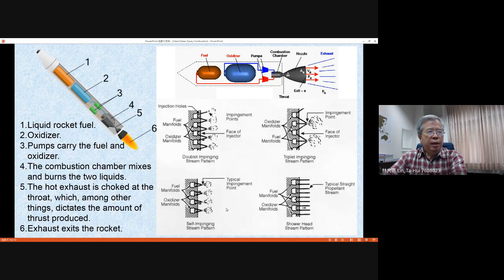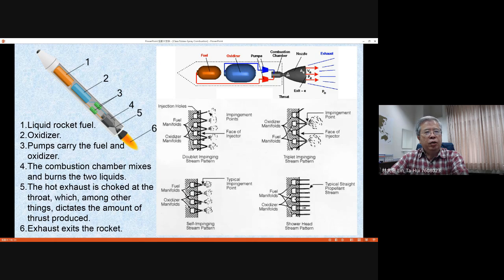And the third one is self-impingement. Self-impingement means the liquid fuel impinges on itself with two streams. Okay, here there is the fuel nozzle, the other one is the oxidizer nozzle, and they are separated in the arrangement. For a given fuel injector, the fuel will go through two ports and inject two fuel streams that meet together.